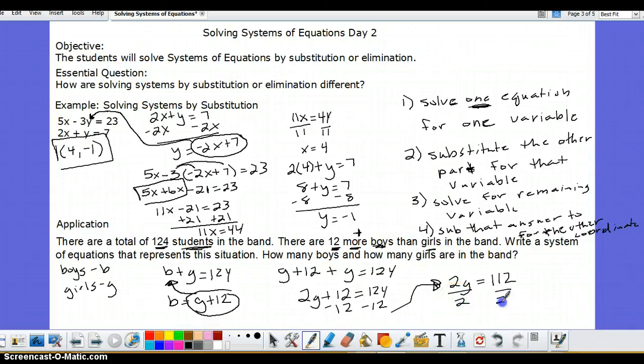Divide by 2. And we get G equals 56. So we got 56 girls. We want to find out boys. Well, 56 plus 12 gives me 68, and those are the boys. So there are 68 boys and 56 girls.